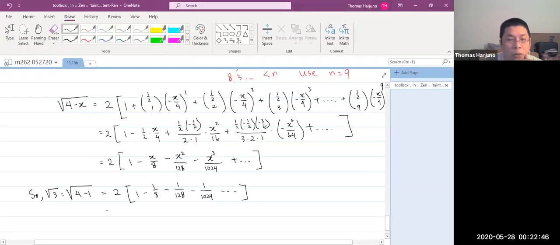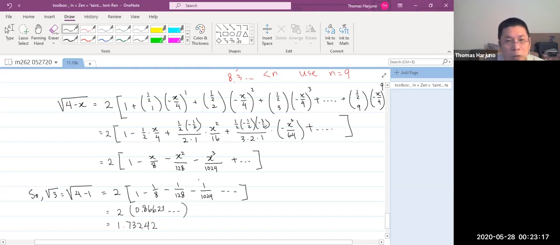Of course, we have the extra factor. Multiplied by 2, that will be 1.73242. So notice that I go up to n equals 3 only.